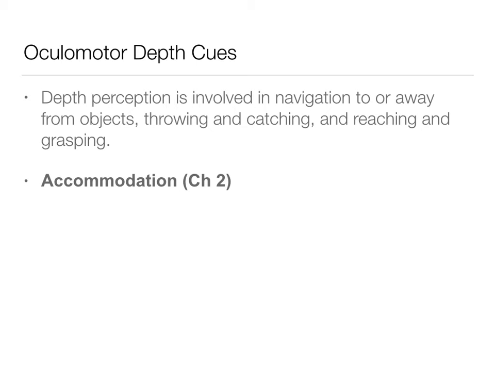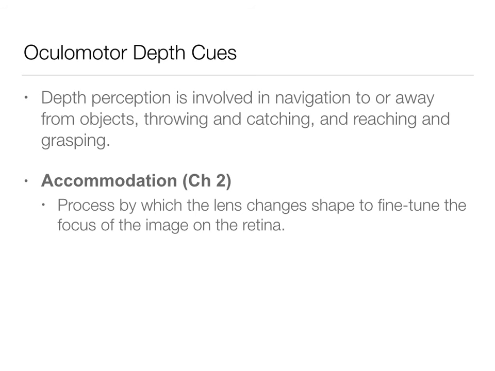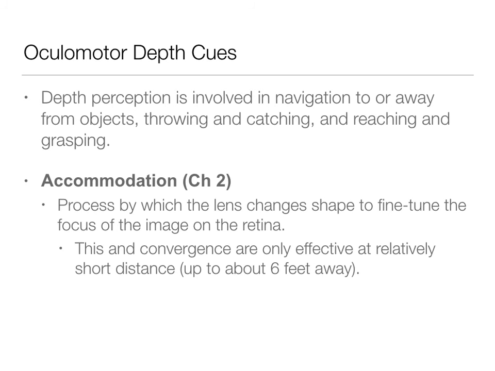Again, the oculomotor cues include accommodation, which we talked about in Chapter 2, and that's the changing of the lens shape, right? So whether it was flatter or rounder, this information about how we're adjusting our lens is sent to the brain and helps us understand depth.